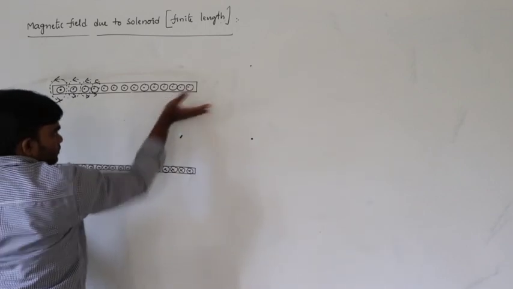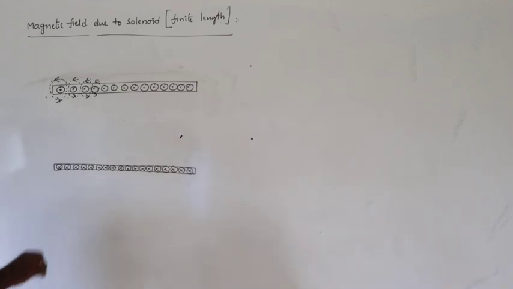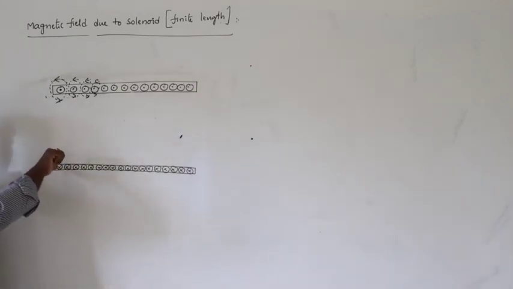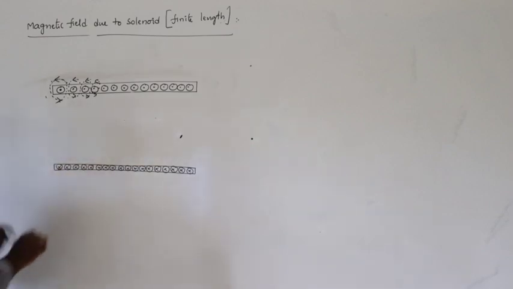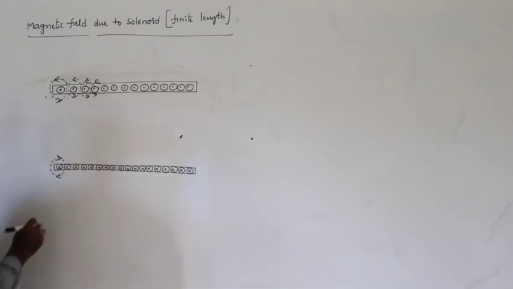But see here, this is the direction of the current. The thumb indicates the direction of the current. What is the direction of the current here? Inwards. And the curling of the fingers indicates the direction of the magnetic field. So inside, here also like this, the direction is like this.